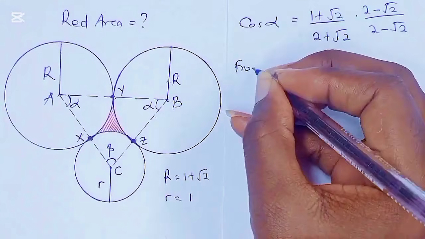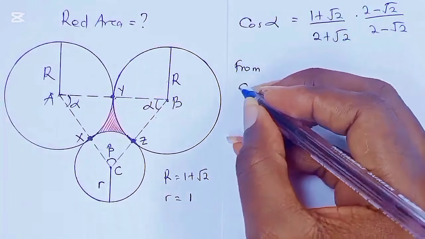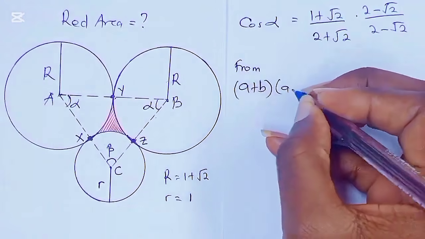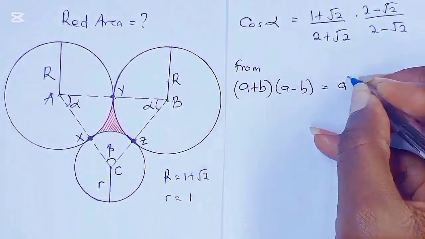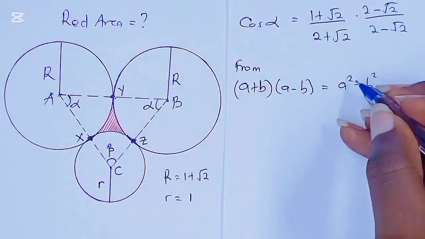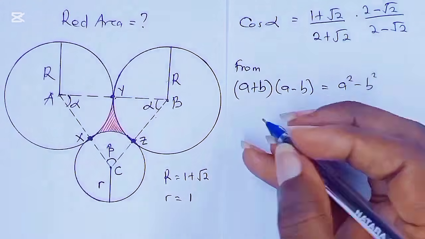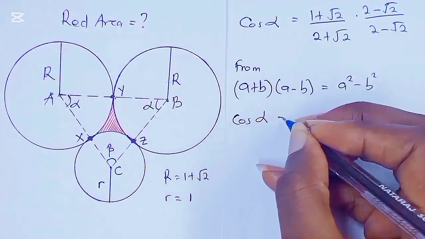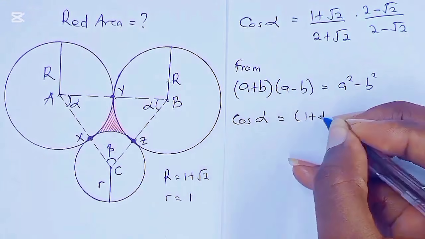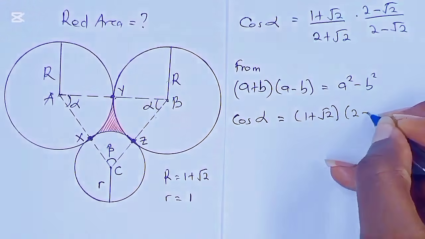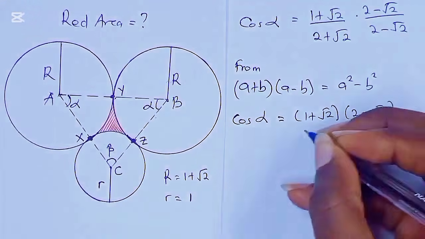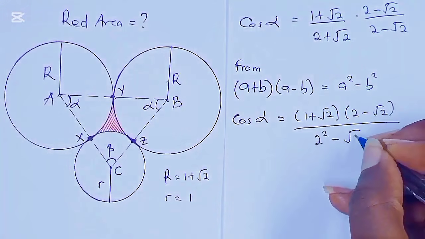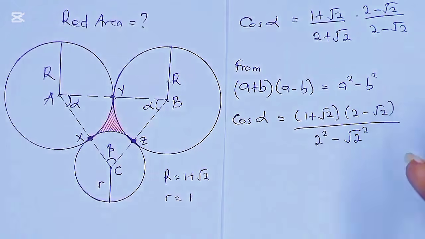So from a plus b into a minus b being equal to a squared minus b squared, we can apply this here. So we shall have cos alpha being equal to 1 plus root 2 into 2 minus root 2 over 2 squared minus root 2 squared.